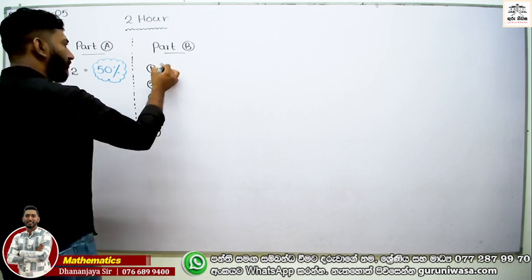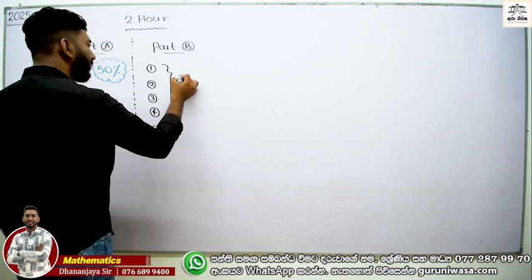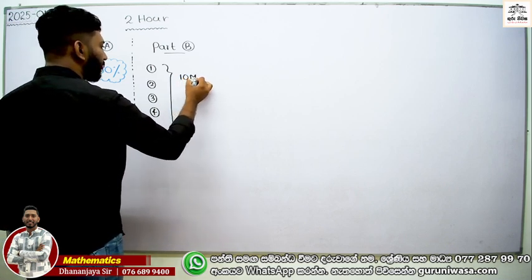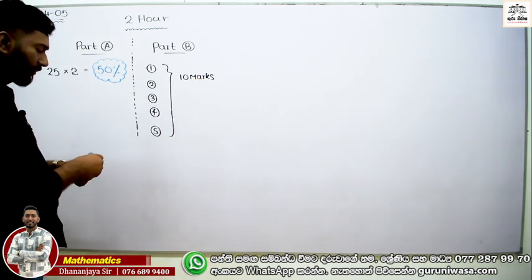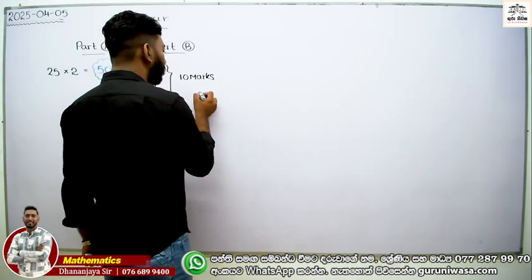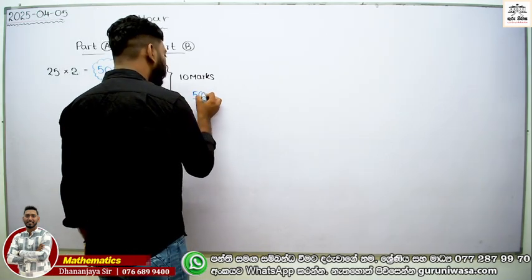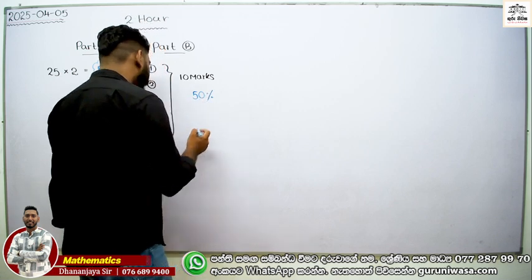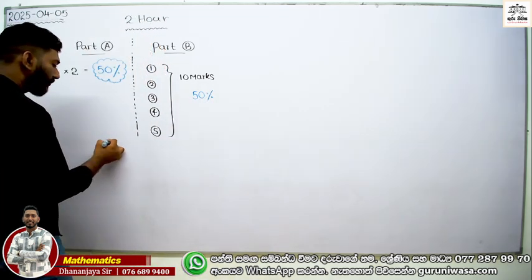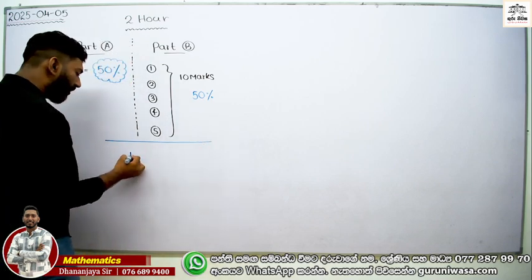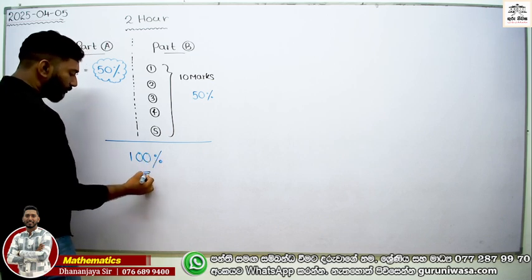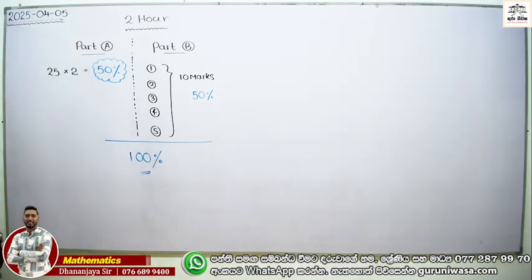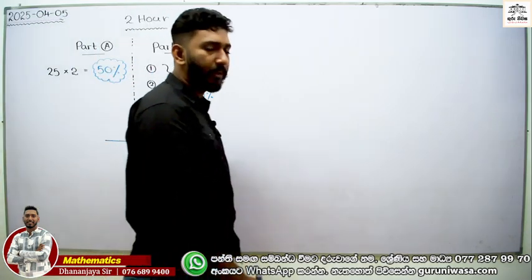There are 5 questions. Each question is 10 marks. Therefore, it also becomes 50 marks, 50%. And this is how it becomes 100% for the first paper.